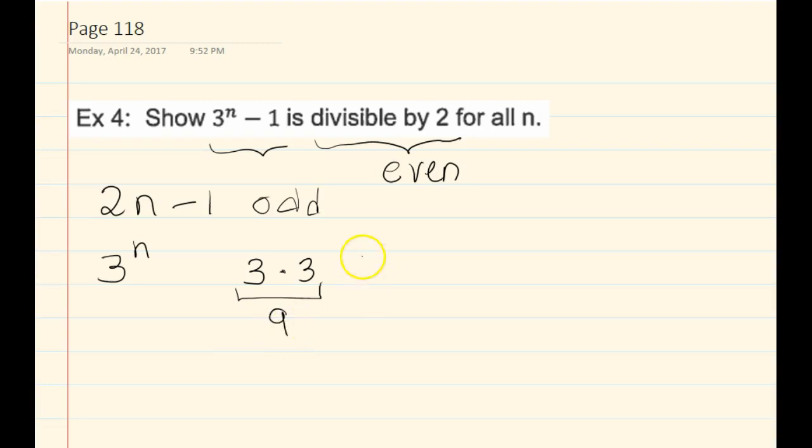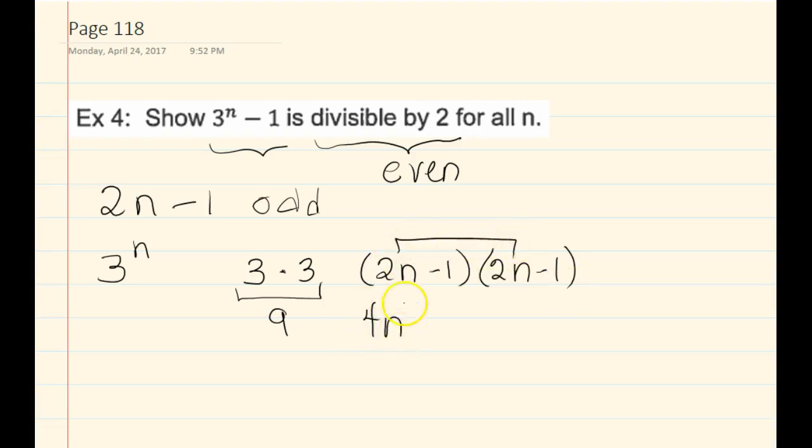But remember, that is an odd number: 2n minus 1 times 2n minus 1, two odd numbers. If I do FOIL, I get 4n squared, plus 1, negative 2n, and another negative 2n is a negative 4n.